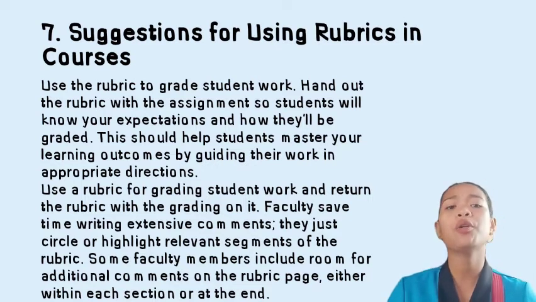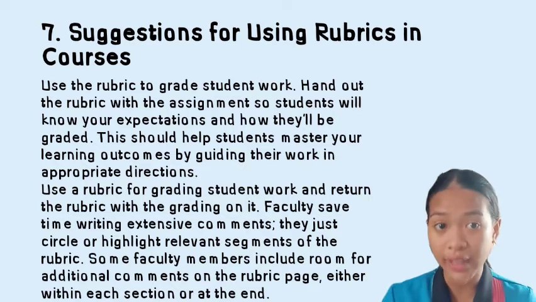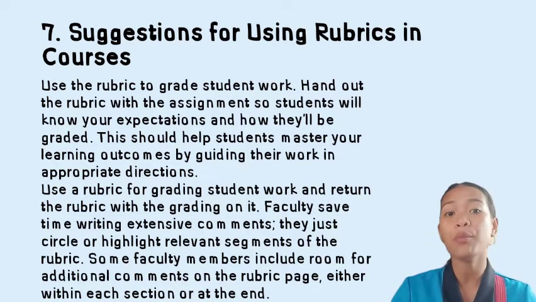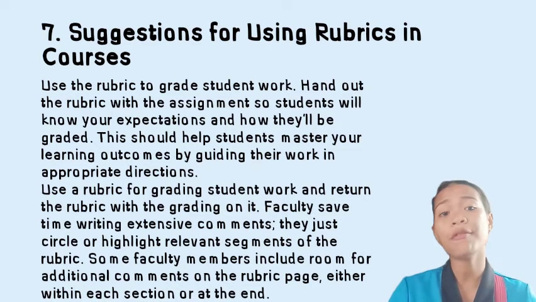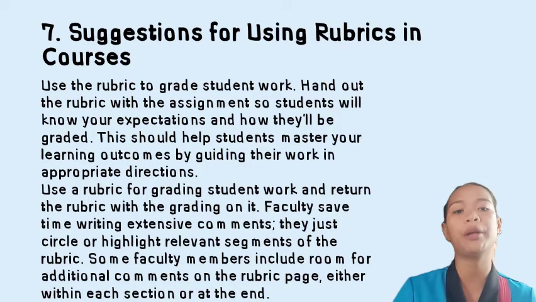Use a rubric for grading student work and return the rubric with the grading on it. Faculty save time writing extensive comments. They just circle or highlight relevant segments of the rubric. Some faculty members include room for additional comments on the rubric page, either within each section or at the end.